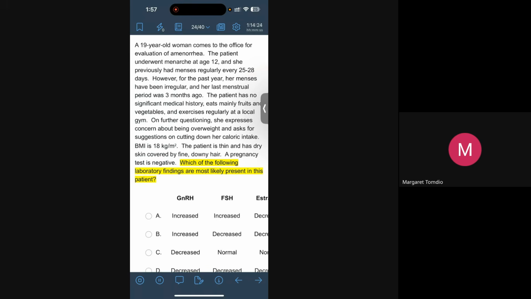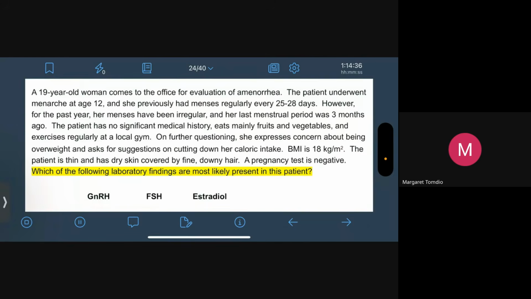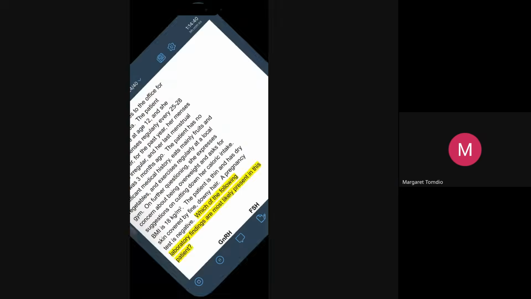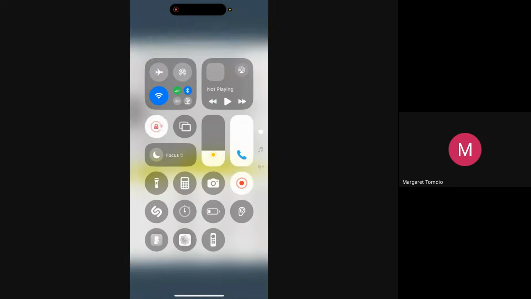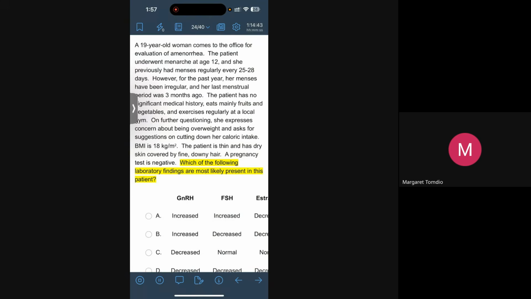Her menses are irregular. Last menstrual period was 3 months ago. No significant medical history. Eats mainly fruits and vegetables. Exercises regularly. She eats only vegetables and exercises regularly.